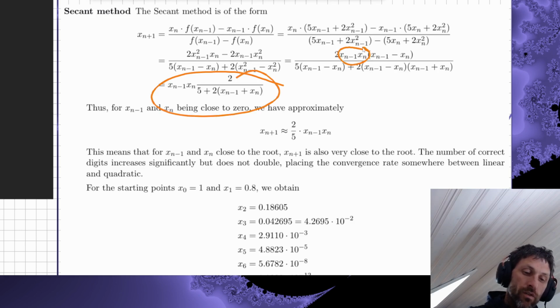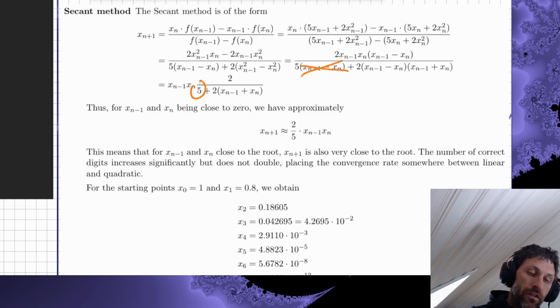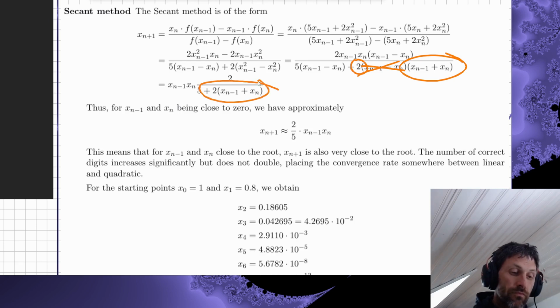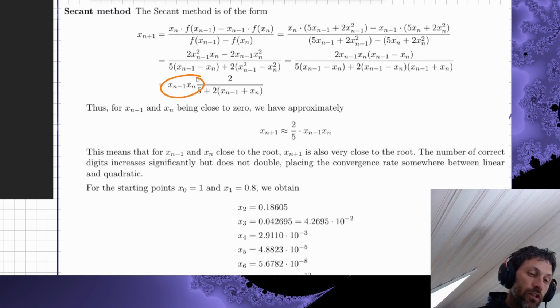We can write that here, and then you have only a 2, and here we have only a 5, and here we have 2 times that, and that's what we have here. So what do we see? We see if we are close to 0, then xn and xn minus 1 are not much more than 0.